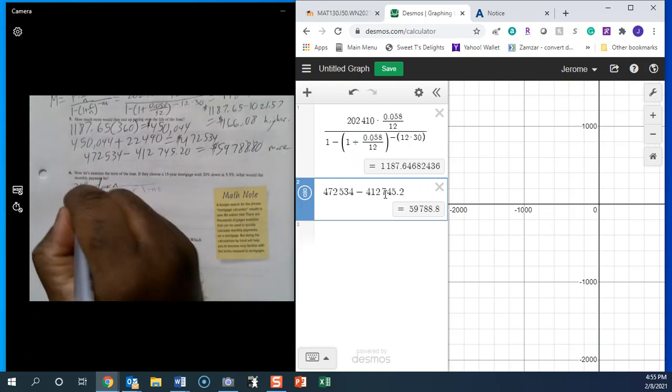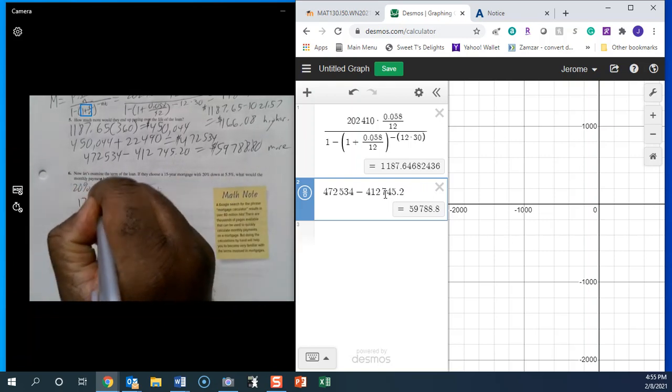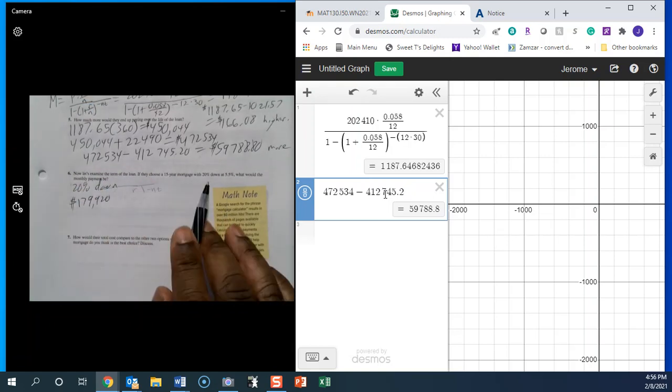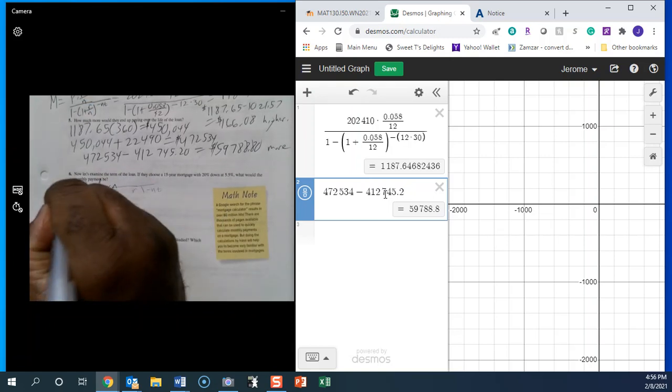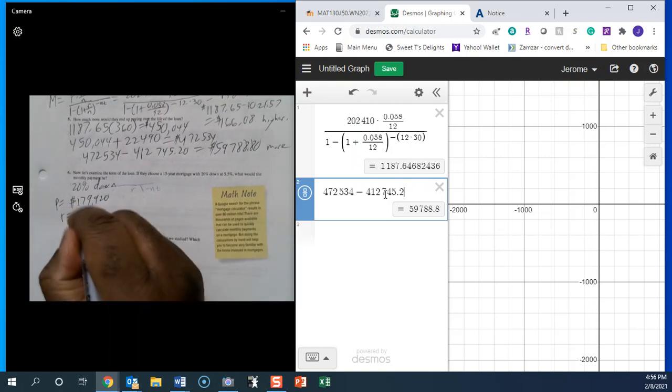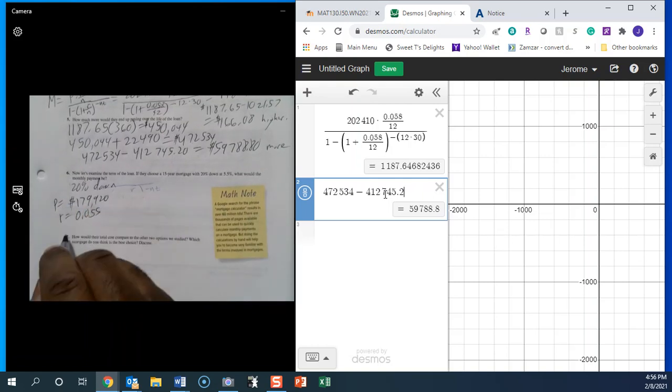That ended up leaving us with $179,920 we had to borrow. So now this will be our principal. Our rate is 0.055. And then our N was 12 and our T is 15. So all we have to do now is just substitute. We could go right here.